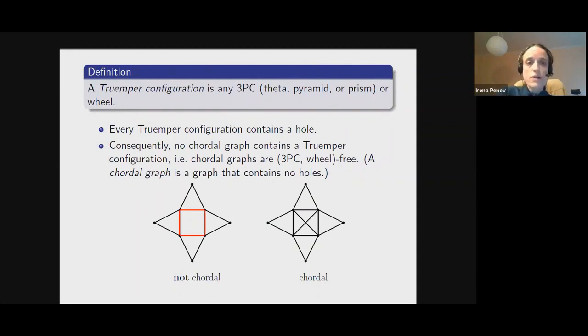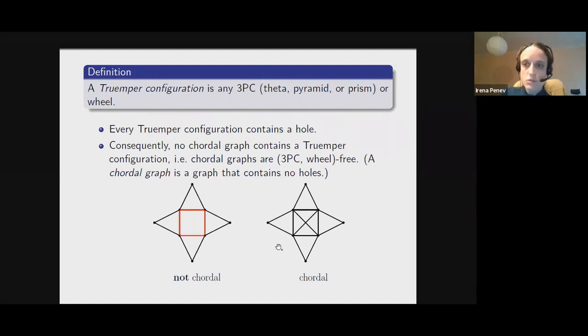Now remember what chordal graphs were. Chordal graphs were graphs that contained no holes. So if you contain no holes, then you do not contain a Truemper configuration. So here's an example of a graph that is not chordal. Why is it not chordal? Well, because of this hole over here. This, on the other hand, is chordal. Notice that it still has that same cycle, but it's not induced.